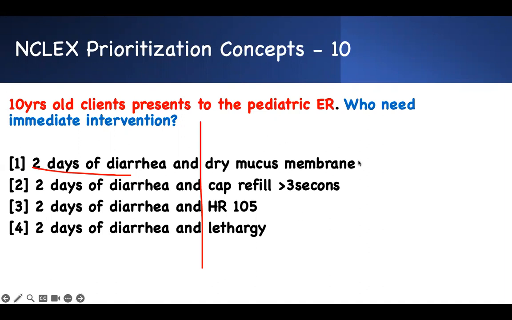If you have dry mucus membranes, you're dehydrated. If you have capillary refill greater than 2 seconds, you are dehydrated. 3 seconds, you're dehydrated. If you're tachycardic, you're dehydrated. But if you're lethargic, you've passed dehydration, you get in shock. So number 4 is a priority. This guy is in shock, so I've got to pick him.